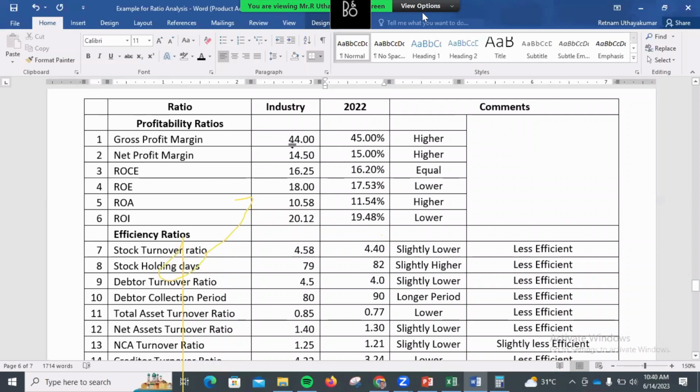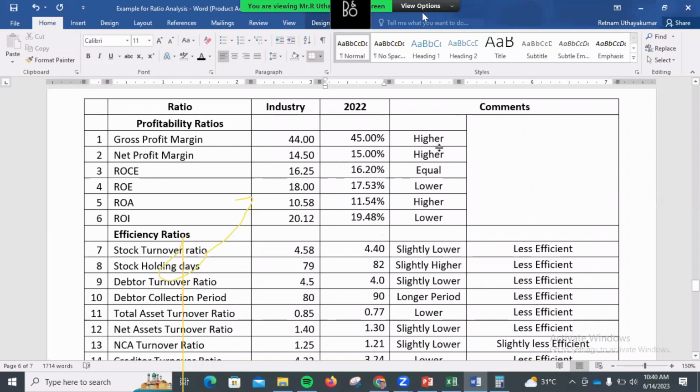Whenever you compare with the industrial average, all the other firms are making a gross profit margin of 44%. This firm has earned 48%, so it's a higher margin. ROCE is relatively equal, ROE lower. So the results are mixed, with mixed comments.